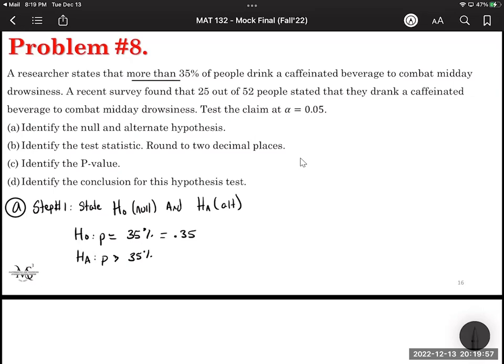Okay, what's your question? How do I know if I have to use P or sigma? Because sometimes we use sigma too. If it says sigma, then you should see some word that resembles mean or average.